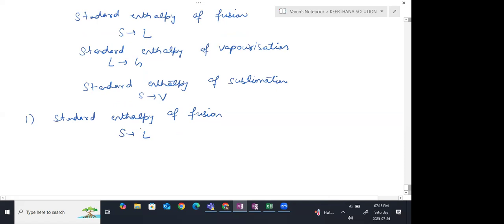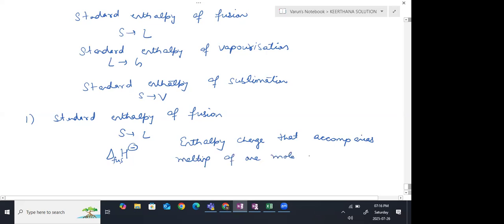So if it is melting, I represent the standard enthalpy of fusion by delta H. As it is fusion, I will write fus, and for standard we make a circle like this. Clear? Yes, ma'am. So we can say it is the enthalpy change that accompanies melting of 1 mole of solid substance.